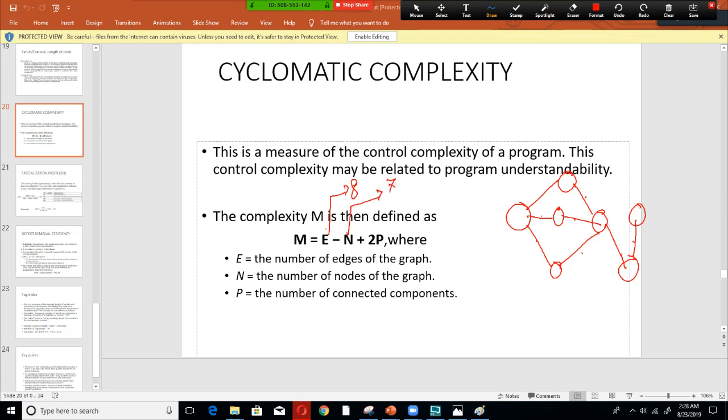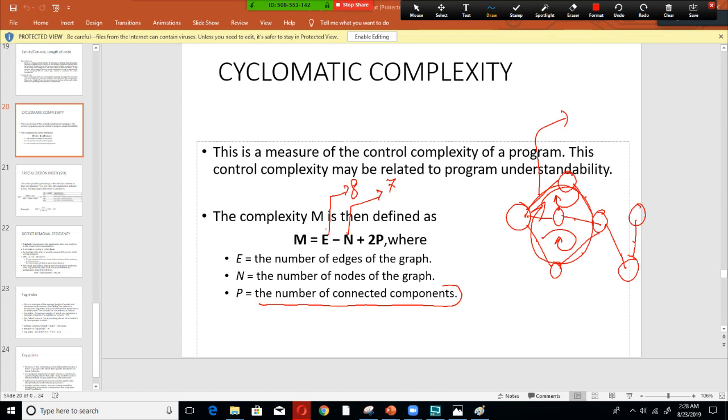Okay, and P, which is here, says the number of connected components. P is mainly how many cycles do we have in this graph. As both these lines go both ways, we can have a cycle like this, we can have a cycle like this, and we can have a cycle like this.